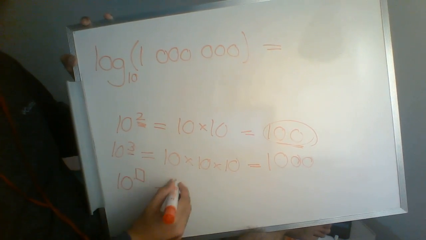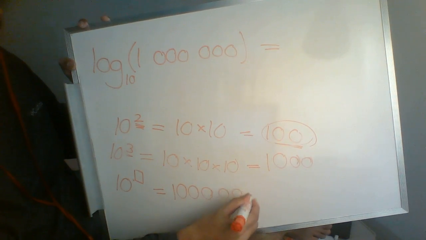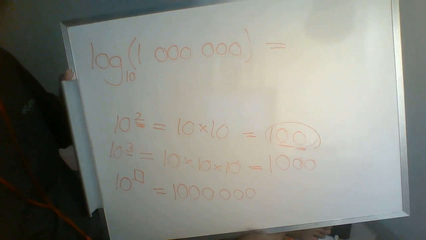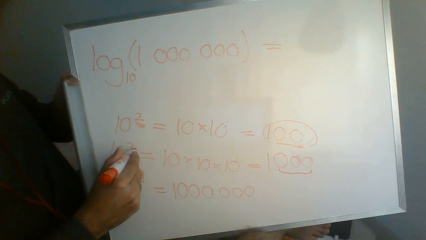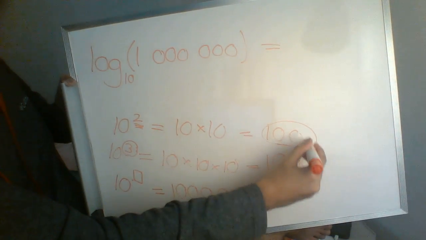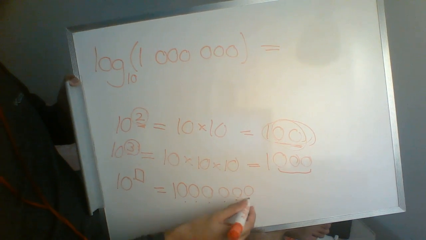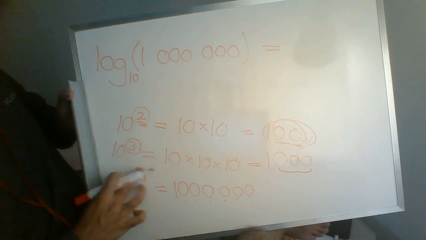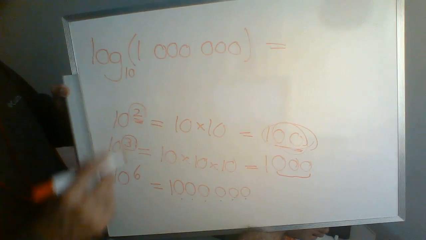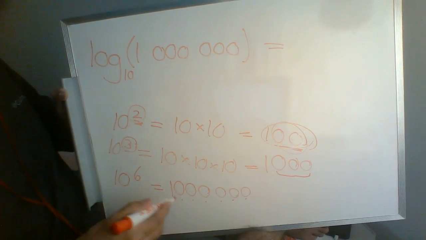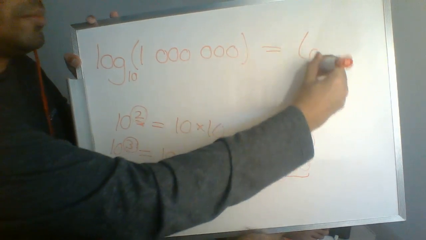So we're asking 10 to what power, 10 to what exponent is going to give us an answer of a million. Well, if we look at the pattern from before, if we have 3 zeros in our answer, our exponent is going to be 3. If we have 2 zeros in our answer, our exponent is going to be 2. For a million, we have 6 zeros in our answer, so our exponent must be 6. And therefore, 10 to the exponent 6 would give us a million, so the answer to this logarithm would be 6.